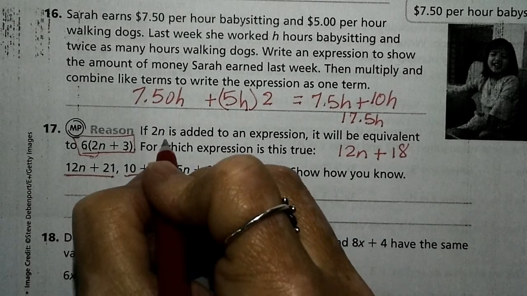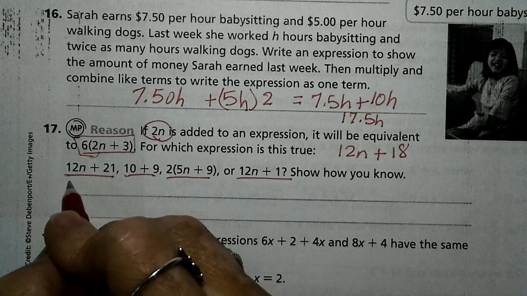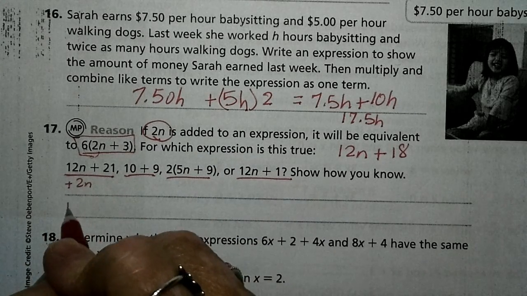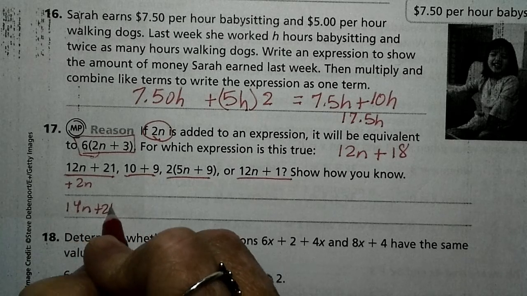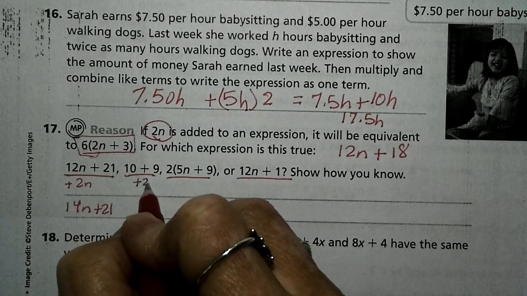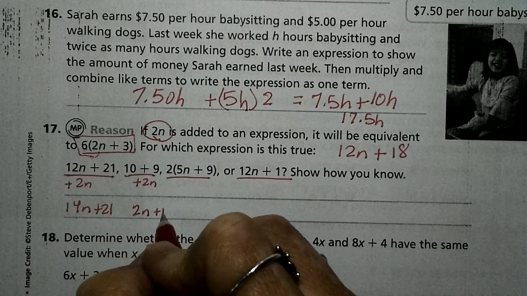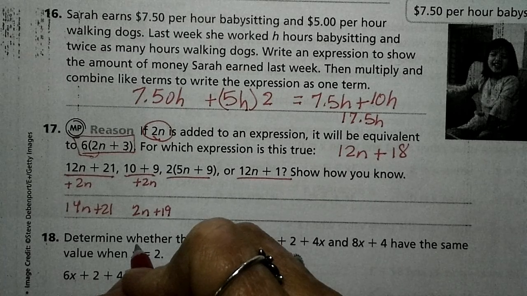In order to do that, we have to add a 2n. So if I add a 2n, I end up with 14n plus 21. That one doesn't work. If I add a 2n, I end up with 2n plus 19.